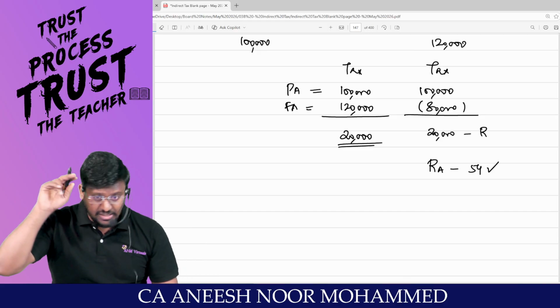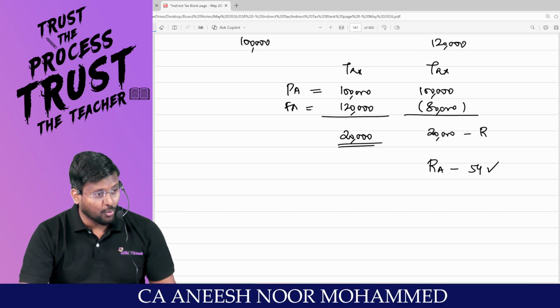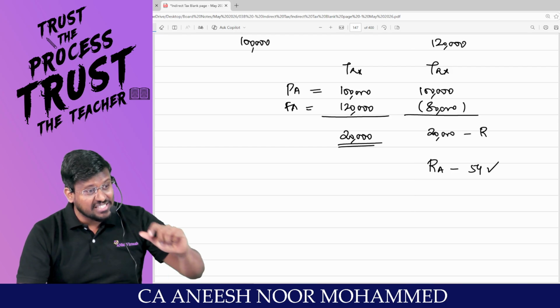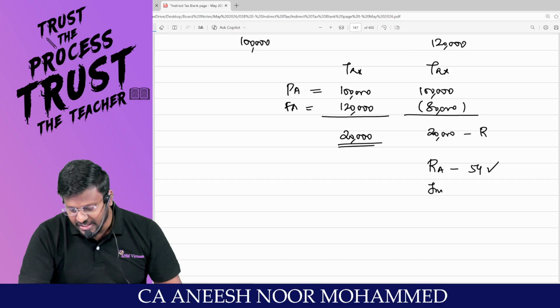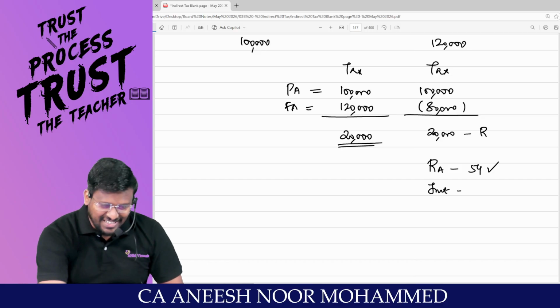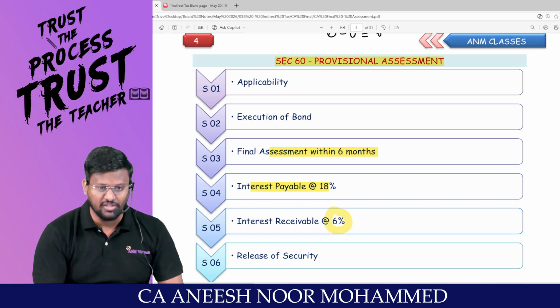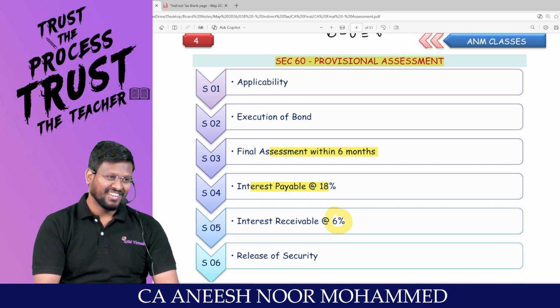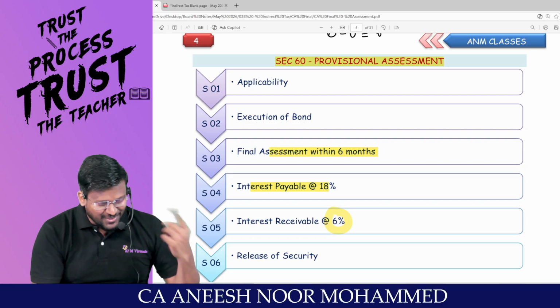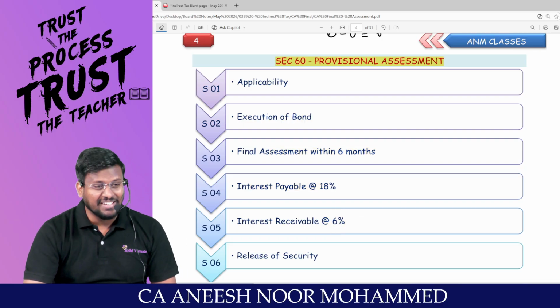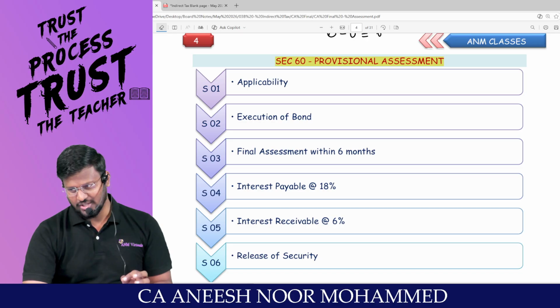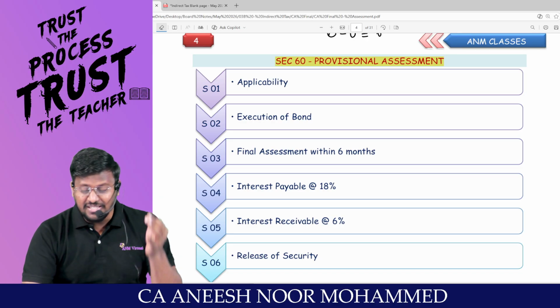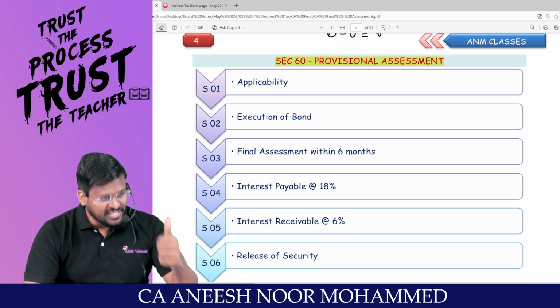When they process the refund under section 54, since our extra money is there with the department, they will give us interest at the rate of 6%. Very good. If we are liable to pay interest to the department, we are liable to pay at the rate of 18%. But if the department is paying us interest, they will pay only at 6%.